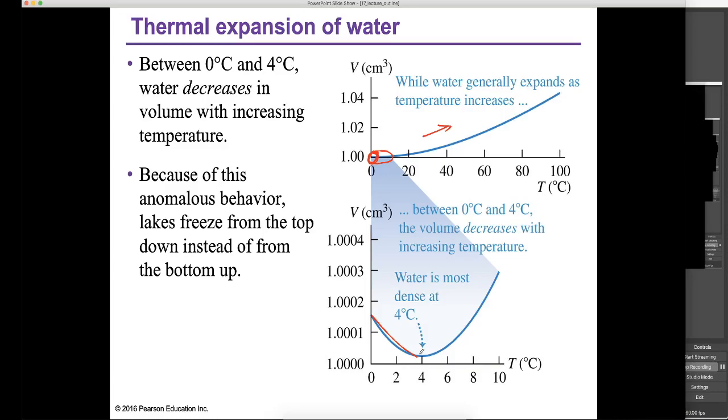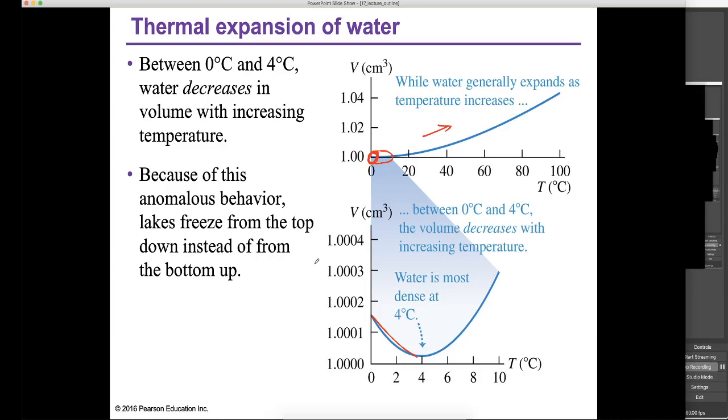Why is water so different from any other material? It's quite a complicated problem. It's related to the hydrogen bond and other factors. But let's remember that from 0 to 4 degrees, when the temperature is increasing, the volume of the water actually is decreasing. And that's why lakes freeze from the top down instead of from the bottom up.